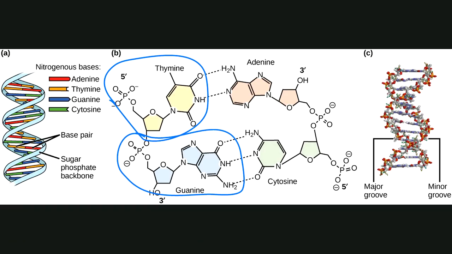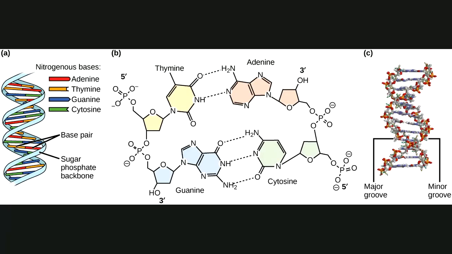These two nucleotides, notice, let me erase so you can see better, are bonded together. Notice that the phosphate group of this nucleotide is bonded to the sugar of the next nucleotide. So if we draw a line right here, this would be like one strand of DNA.